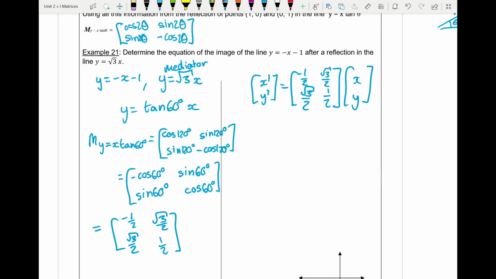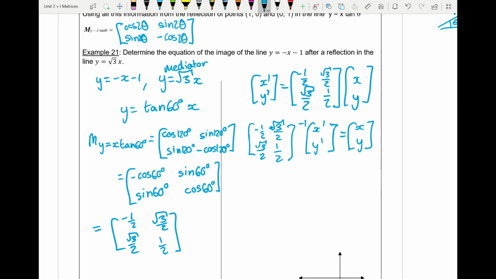At this point, if we were to multiply the matrices together, we'd get x prime in terms of x and y, but it'd be in such a way that we can't find x in terms of x prime. So in order to make these the subject, we actually need to multiply by the inverse. So if we get the inverse of our transformation matrix and multiply it by x prime, y prime, that will give us our x and y.